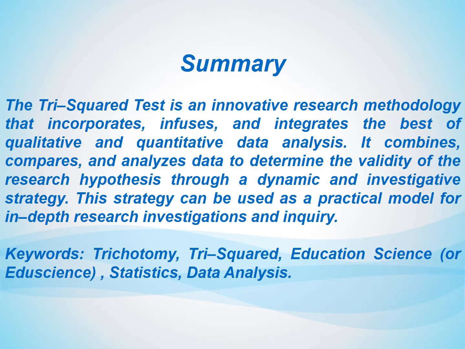So we may summarize all of this by saying that the tri-squared test is an innovative research methodology that incorporates, infuses, and integrates the best of qualitative and quantitative data analysis. It combines, compares, and analyzes data to determine the validity of a research hypothesis through dynamic and investigative strategy. This strategy can be used as a practical model for in-depth research investigations and inquiry.